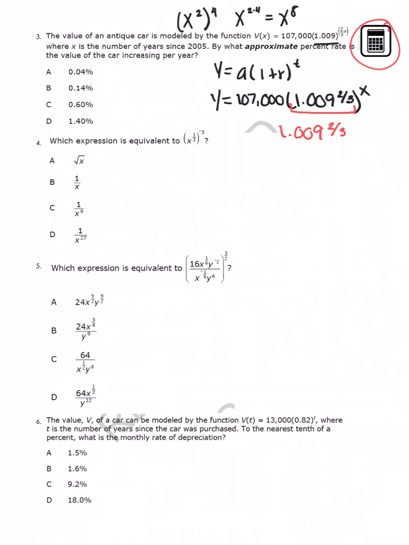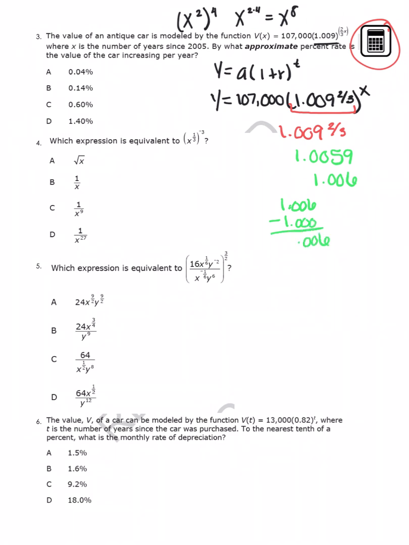Okay, when I put it into my decimals calculator, I got the number 1.0059. Let's round that to 1.006. So what is that percent? Remember, I take 1.006 in this case and subtract 1.